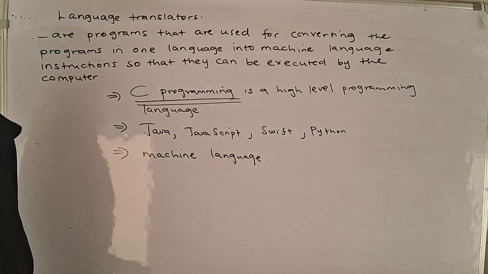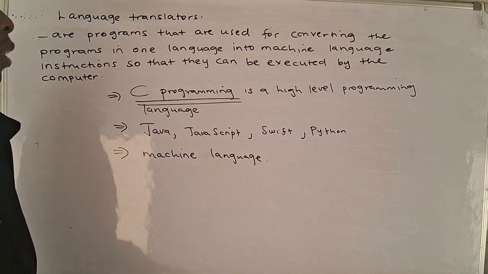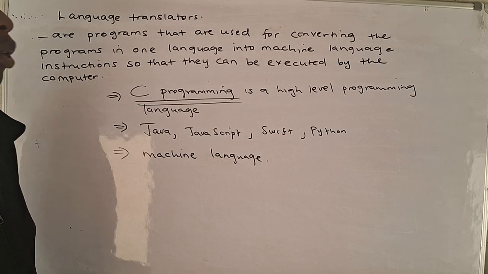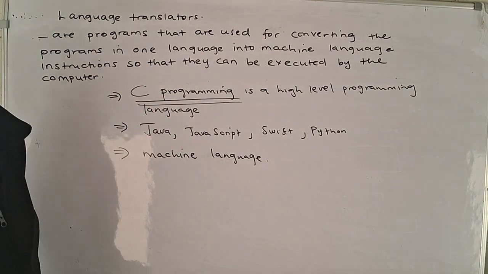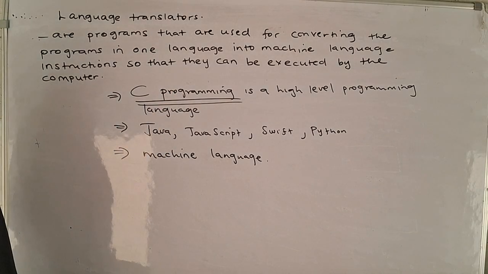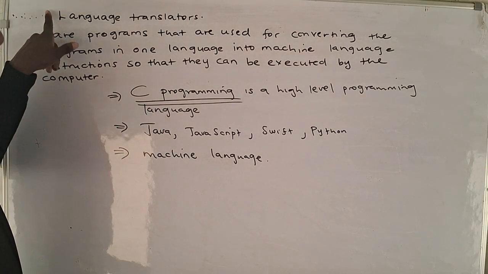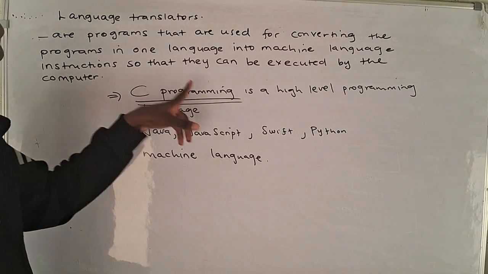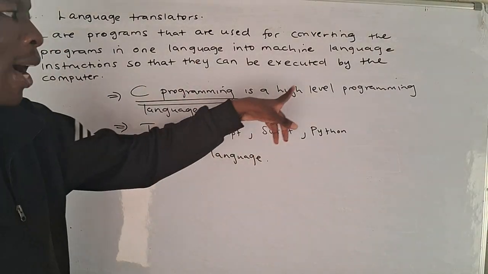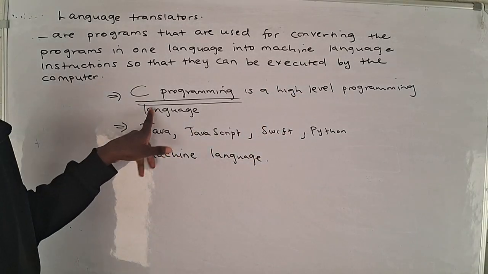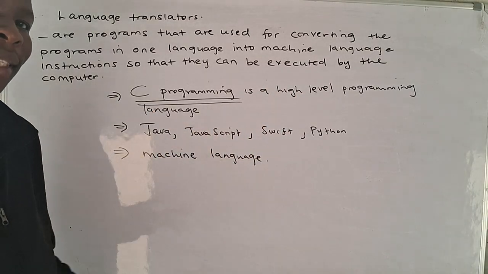So what are we supposed to do? Then only we are bringing in this concept of language translators. We need language translators. What is their role in this case? These language translators are going to convert the program from the high-level programming language to the machine language that the computer can understand.